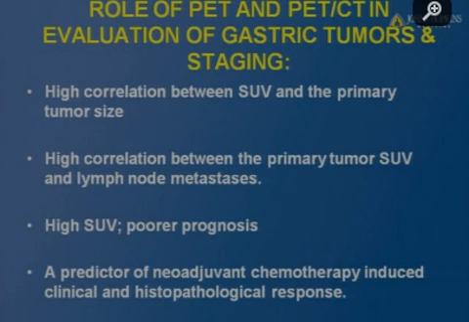And FDG helps us in terms of SUV values. There has been found a high correlation between the SUV and the primary tumor size, between the primary tumor SUV and the presence of lymph node metastases. If there is a higher SUV, poorer the prognosis is. And it's a predictor of neoadjuvant chemotherapy-induced clinical and histopathological response.